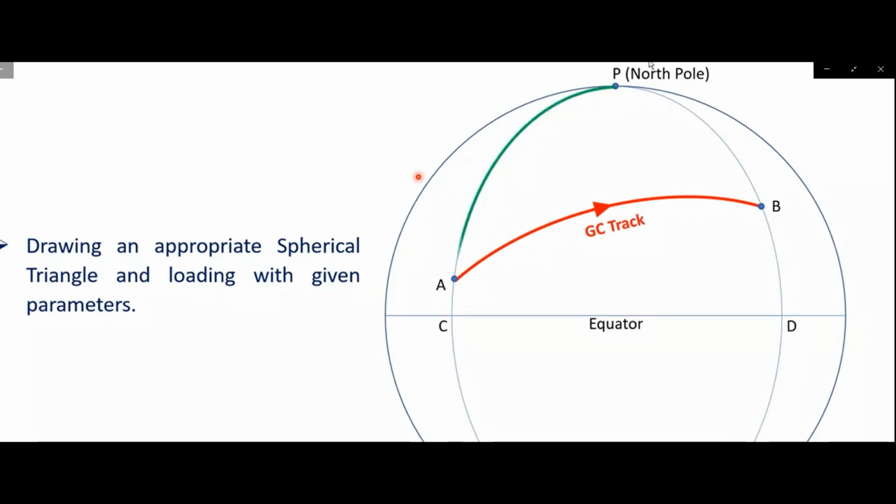Sir, I have a doubt. You told that all meridians are great circles. Right, that's right, beta. All meridians are great circles.